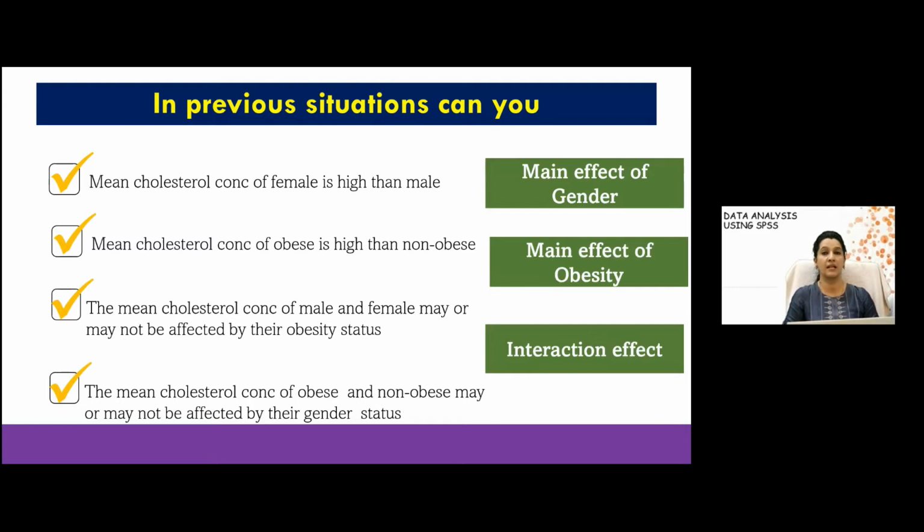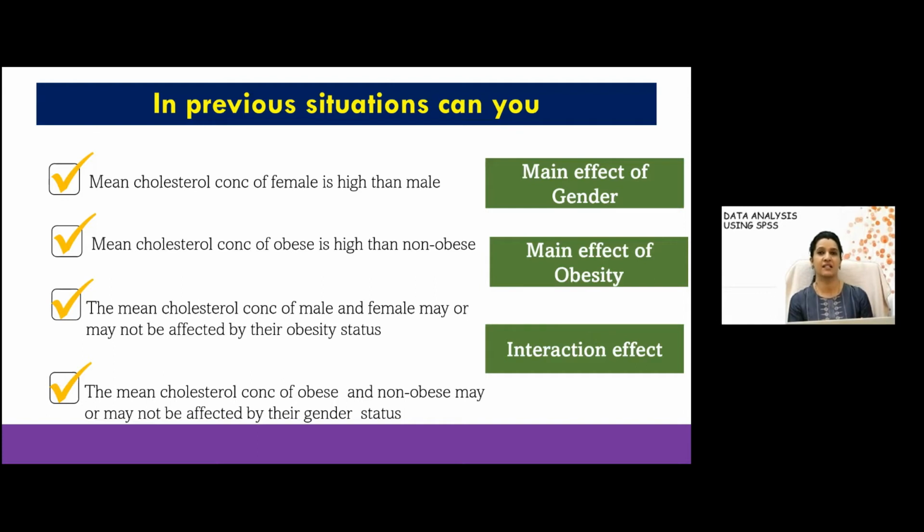So there is a main effect of gender, there is a main effect of obesity, where you can say that it is high across those categories. And then when you cannot say it with confidence and there is a different interaction occurring which prevents you from saying such a statement, that is because of the interaction effect. Gender and obesity status have an interaction with each other, and that's why you are running two-way ANOVA to see that interaction effect.